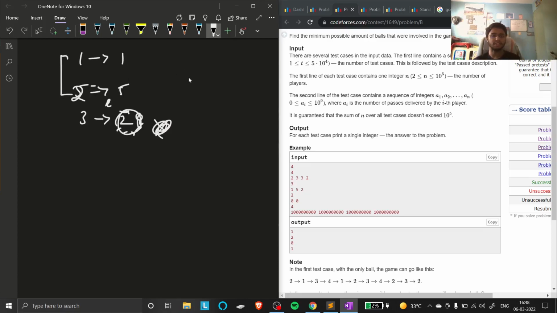One and two, minimum would be four. With four and three, left with two. Fine. So here also three would go, so two left with two passes right now.